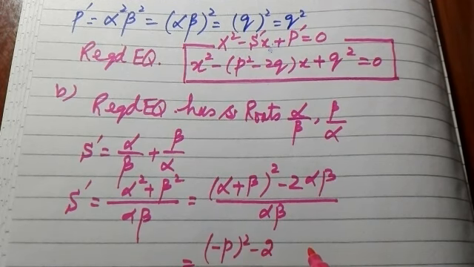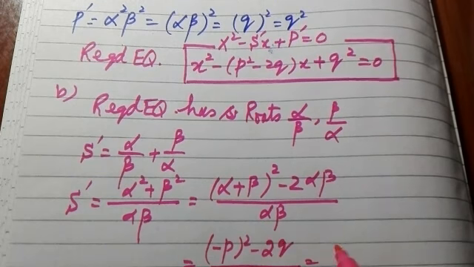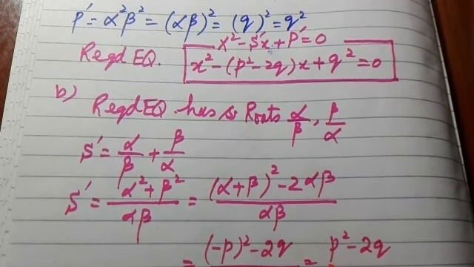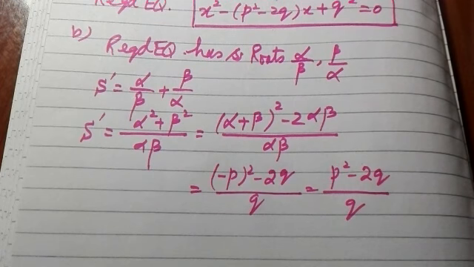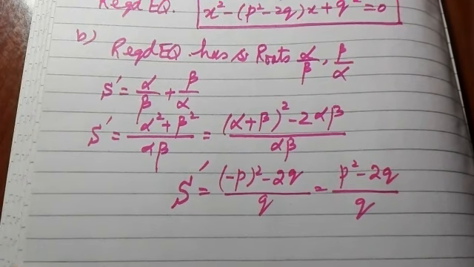Alpha beta is equals to q. So this is p square minus 2q divided by q. It is the value of s dash. So simply by substituting the values, we will get the value of the sum of roots of the required equation.